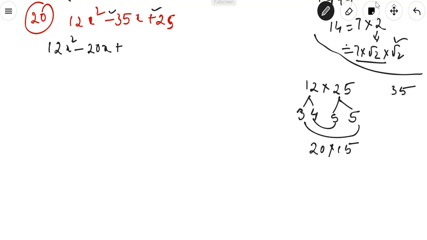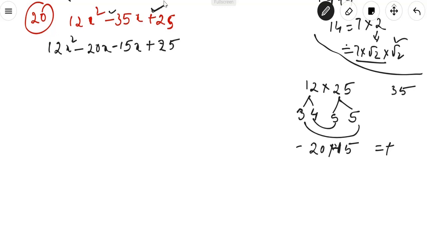So this also I have to take minus and this also minus. So minus into minus, what am I going to get? Plus. So I have plus, so I have to get plus sign. This one also is minus 15x plus 25.